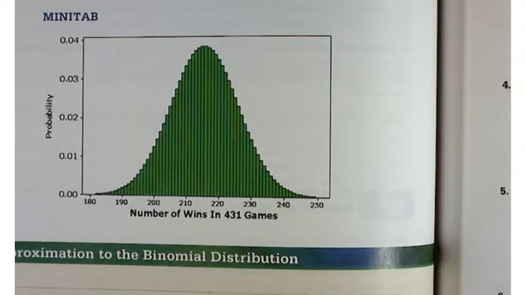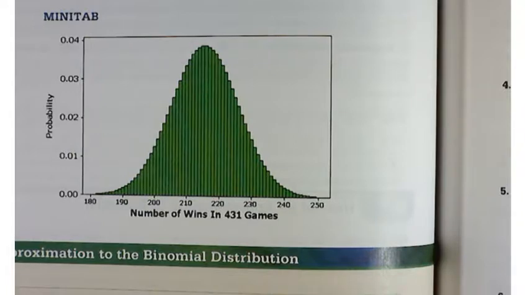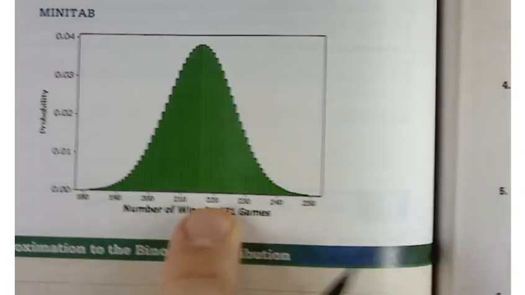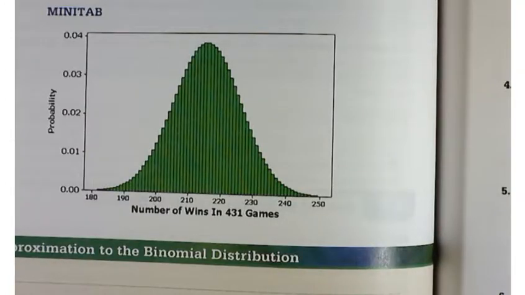You have 1 or 2 or 3 or 4 or 5 or whatever. But the normal distribution takes on an infinite number of values. It can be anything. It can be 1.6, it can be 2.8, it can be square root of pi. It can be anything in those gaps. So you're using something which is continuous to approximate something which is discrete. And because of that, there's a little bit of a snafu that we have to allow for.